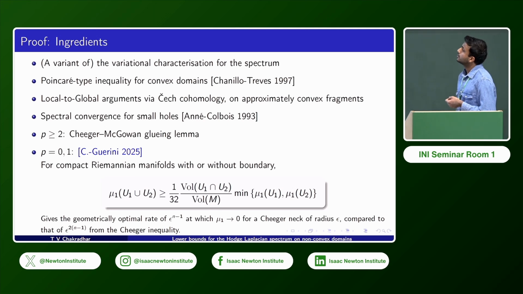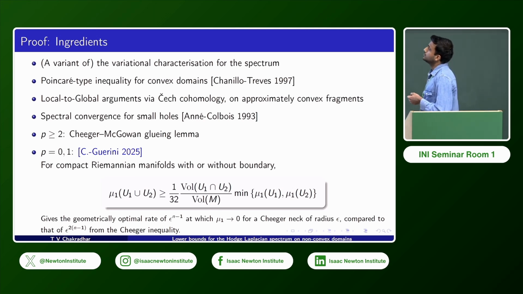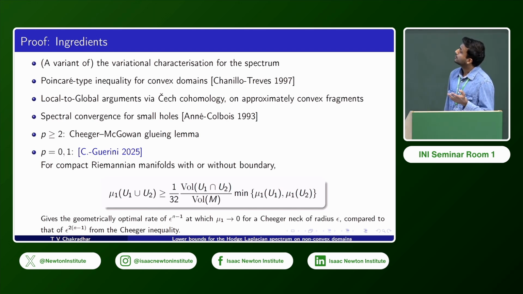So here is a quick flavor of the proof. We use a variant of the variational characterization which is suitable for lower bounds, and we have local Poincaré-type inequalities which are known for convex domains. We glue them together using Čech cohomology.